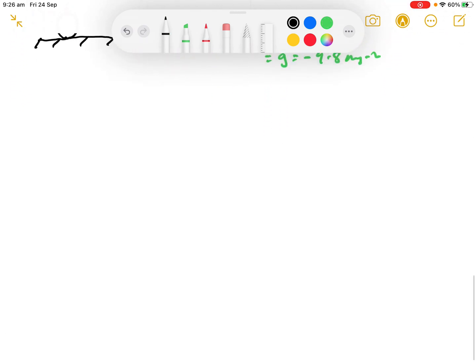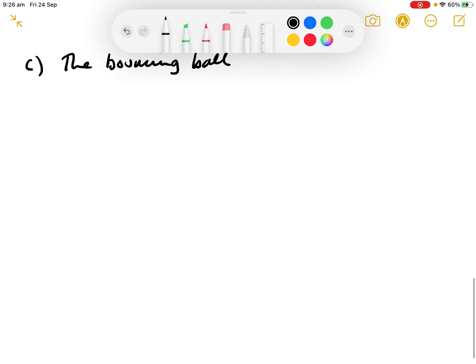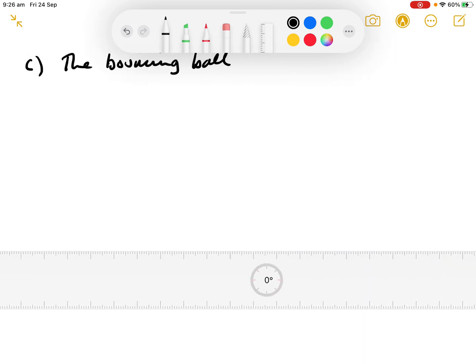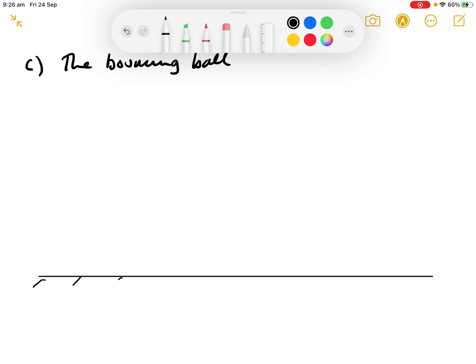Our final scenario is the bouncing ball. And each of these has, in graphical form, come up in past papers at various points. I'm going to take the whole width of the page here to draw the situation diagram. So here's the ground.